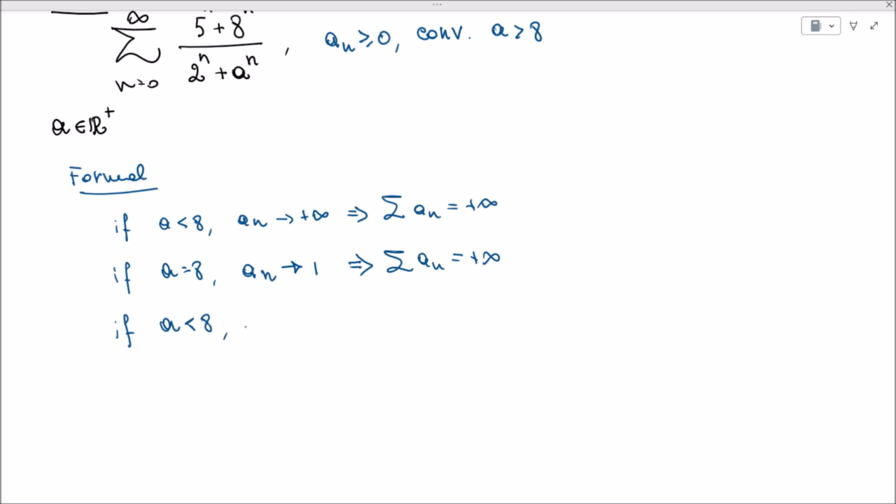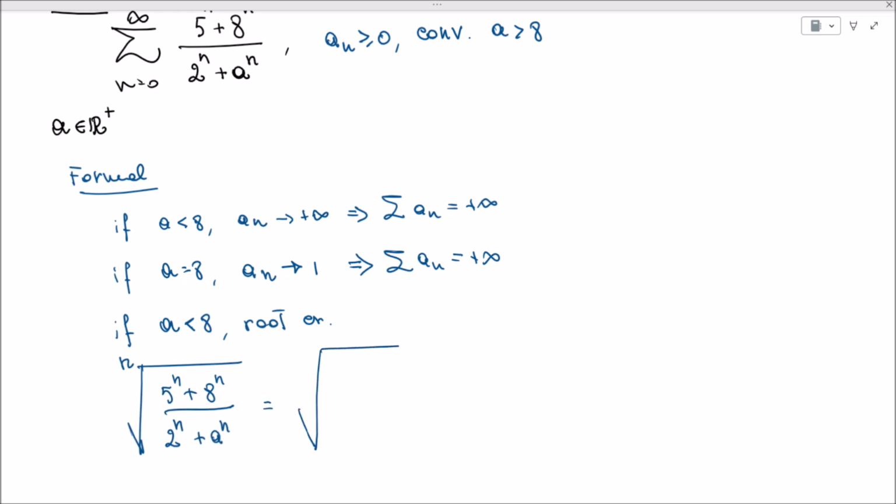So can we apply the root criterion then? Let's see. So we want to study the nth root of 5 to the n plus 8 to the n divided by 2 to the n plus a to the n. But we can rewrite this as follows.